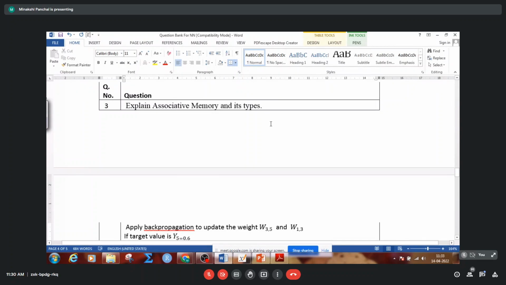I have shared this in the notes too. For example, finding out the missing part of a letter, or if the letters are the same, input and output are the same, or with images, you are finding the missing part of the same image, that is under auto-associative. What will come in hetero-associative? If you are trying to identify the category of some particular type, then obviously the category and its original type, the input and output will not be the same.